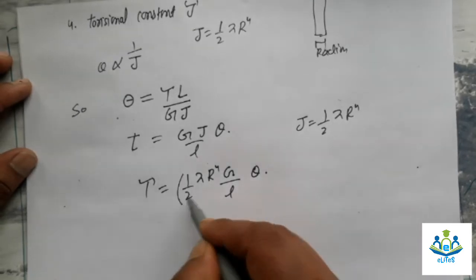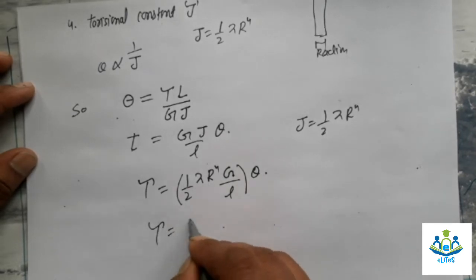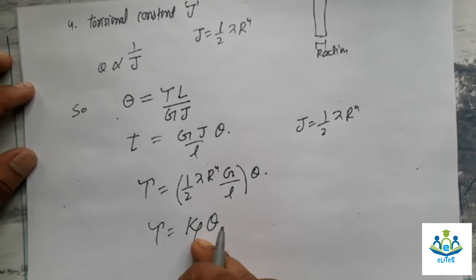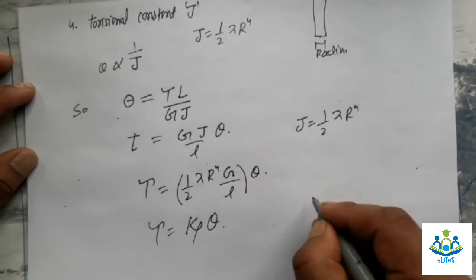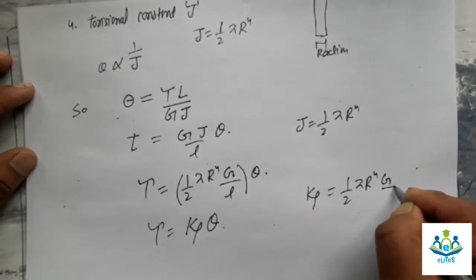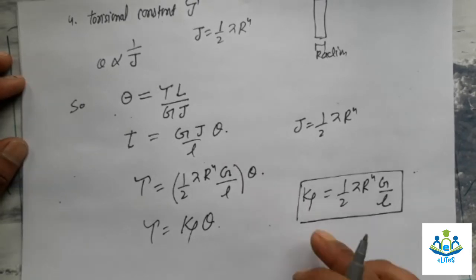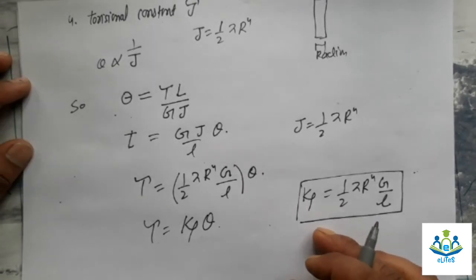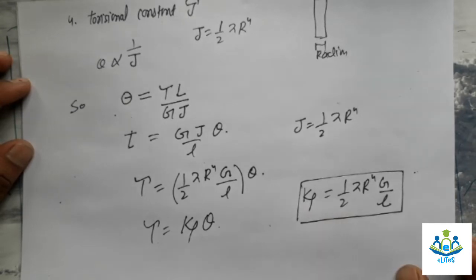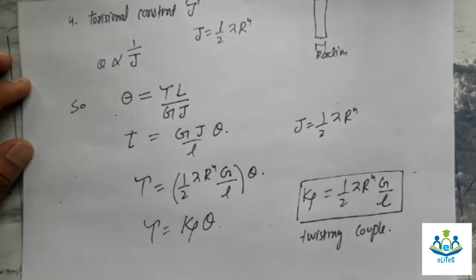Let's put it as some constant that is known as kappa, or just K, just like spring constant. So kappa is 1 by 2 pi r raised to power 4 G over L. So torque here in this case is kappa times theta, and this kappa is constant for a given rod or a beam. So this is known as twisting couple.